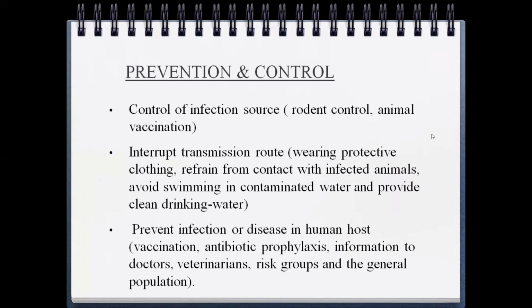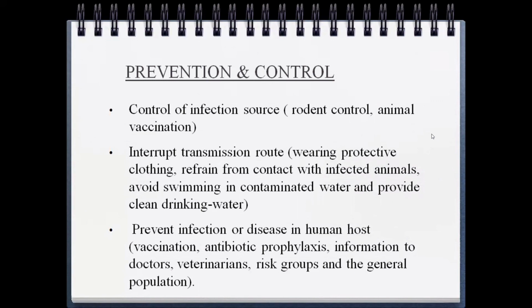Prevention and control. Basically, control of the infection source is important. That's why in the monsoon season we try to control the rodents. We apply rodent control and pest control measures, pesticides, near the paddy fields.